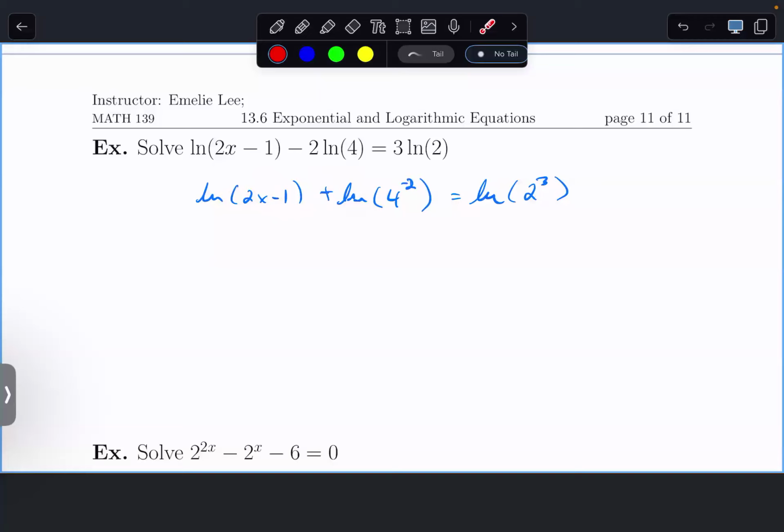There are a couple of different ways that you could go about doing this, but I'll keep the sides separate for a little bit. So I'm adding logs of the same bases, which means that I can rewrite this as the natural log of 2x minus 1 times 4 to the -2 is the natural log of 2 to the 3, which you can simplify if you want.